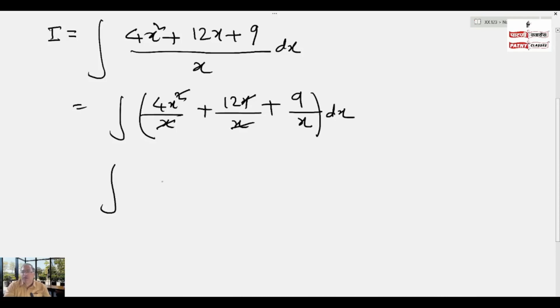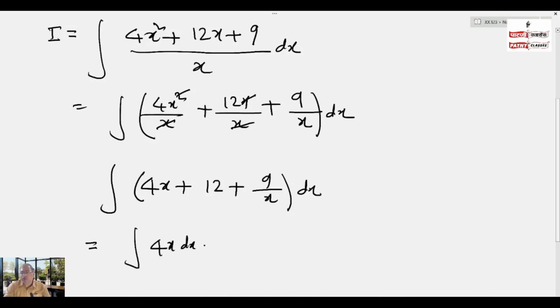Here 9 upon x as it is, so it is integration of 4x plus 12 plus 9 upon x with respect to x, equals integration of 4x with respect to x, integration of 12 with respect to x, integration of 9 upon x with respect to x.